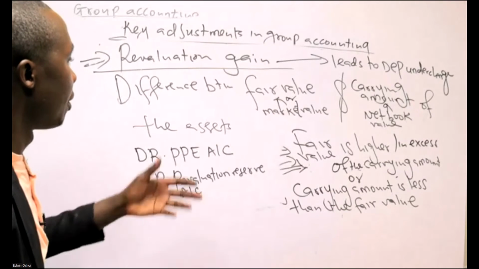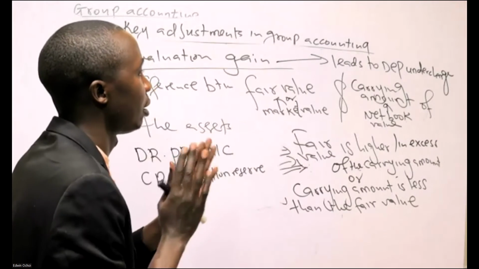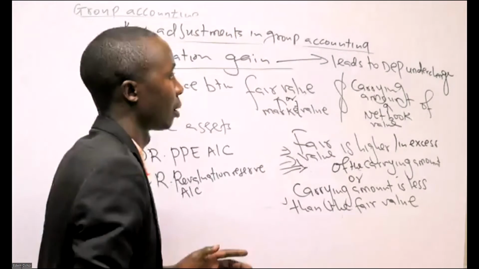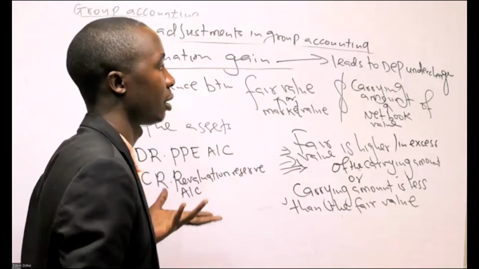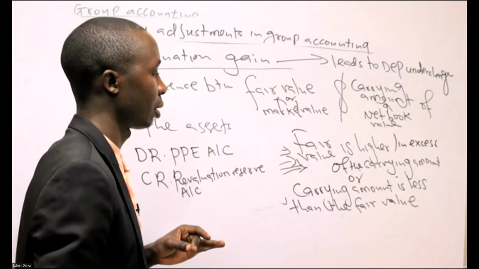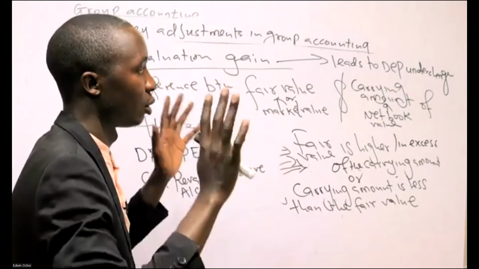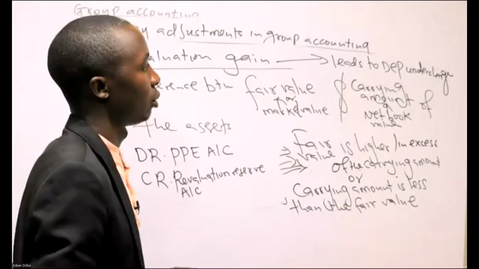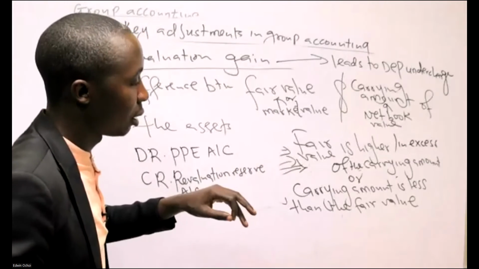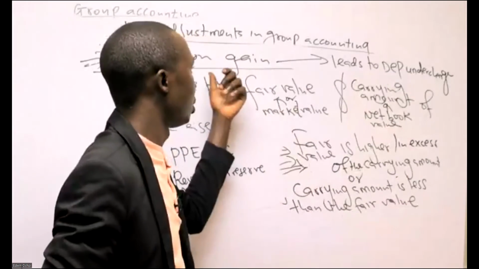Because this value which the asset was revalued with has not been subjected to depreciation. Like the 10 we were mentioning, that 10 has not been subjected to depreciation. That is why I say we did a depreciation under charge due to the revaluation.